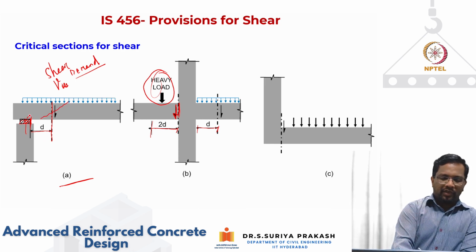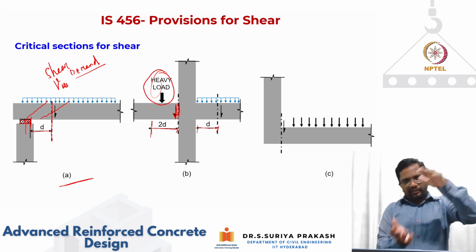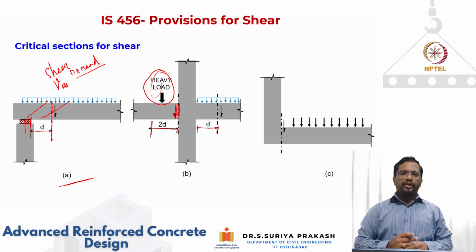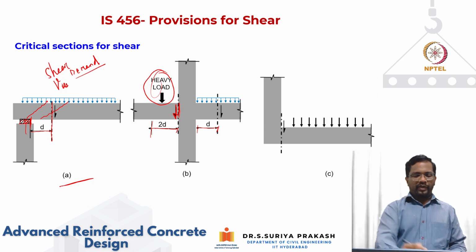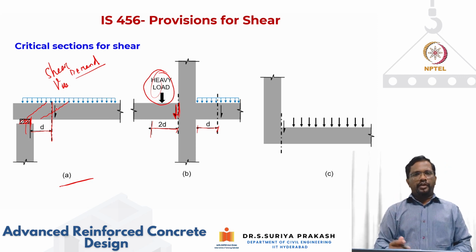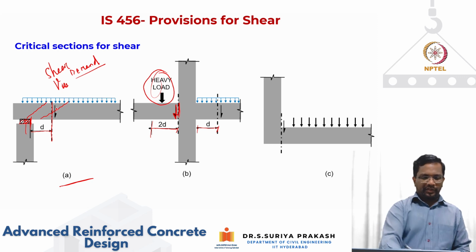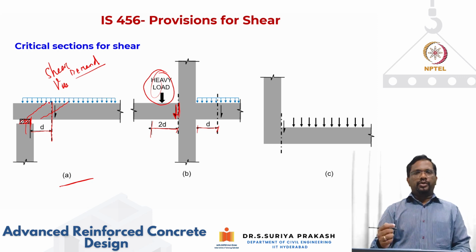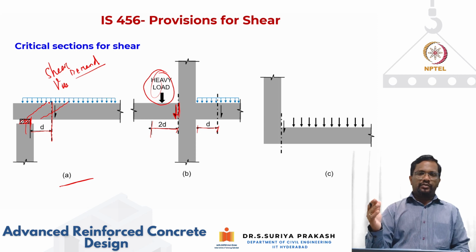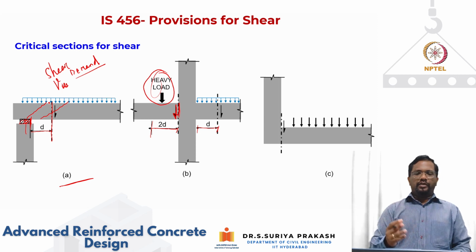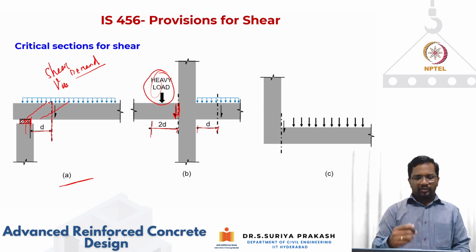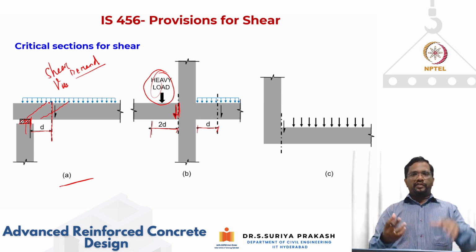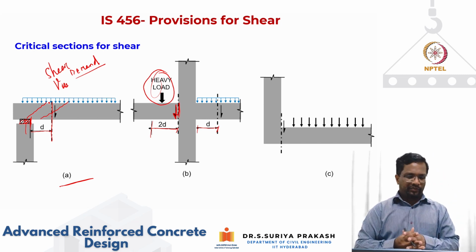So the crack will not form because there is an axial thrust that is going to limit the crack formation in this region. It is going to push the crack away at a distance of d by 2 or so. So that is the reason the code is saying that anyway the crack is not going to form there, so you can take a distance of d for your estimation of your shear demand. So it is considering the beneficial effect of your axial thrust that is coming from your support.